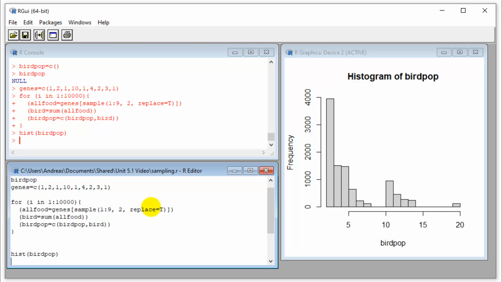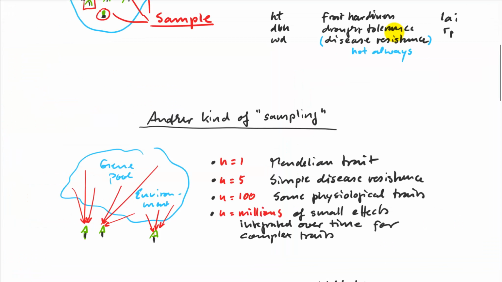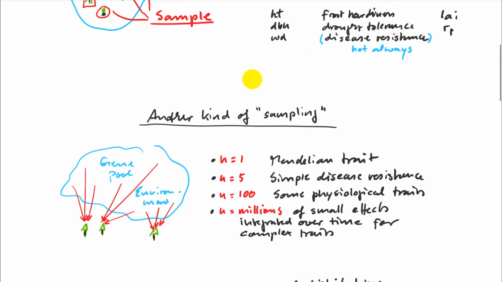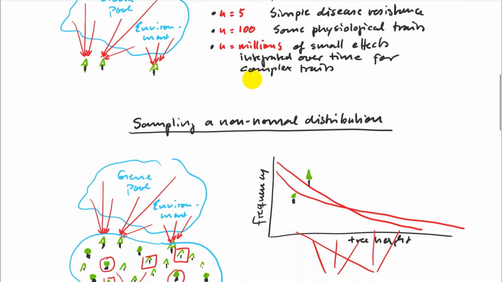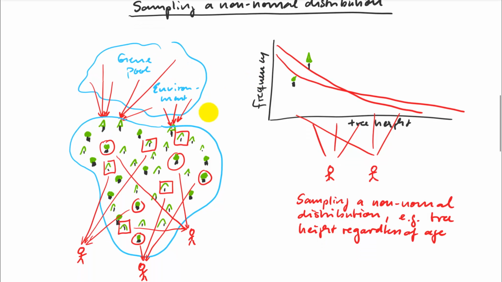That usually indicates that this is not the integration of hundreds or thousands of small factors, but just a handful. So you can think of that as a very similar mechanism to the sampling that we did as scientists. The sampling that we did down here, an investigator looks at particular trees and calculates the average.